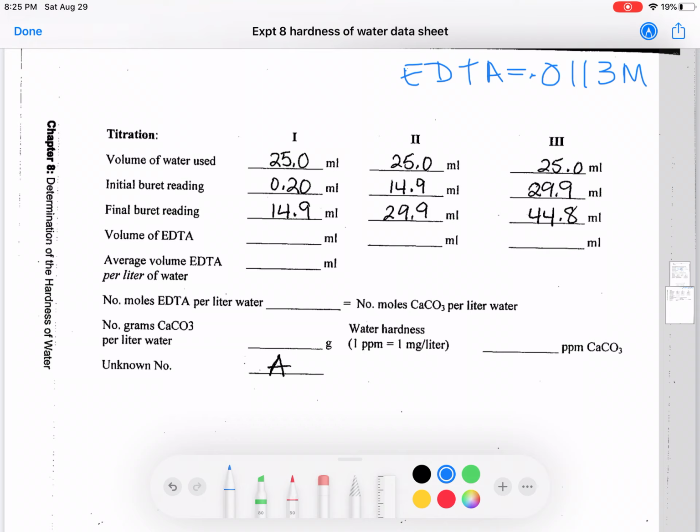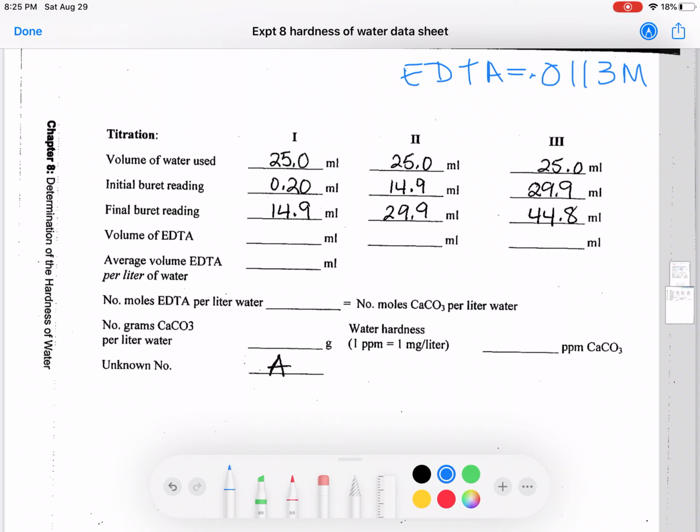They have done 3 titrations for the water which has calcium in it. They have taken 25 milliliter samples, and you saw in the virtual video how the titration is done. First you wash the burette with a little bit of EDTA to rinse it, and then you fill it up to the 50 milliliter mark. So you have to find out the initial burette reading, and then you keep on adding EDTA.